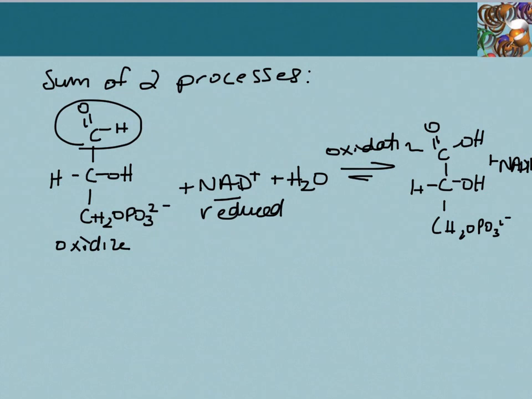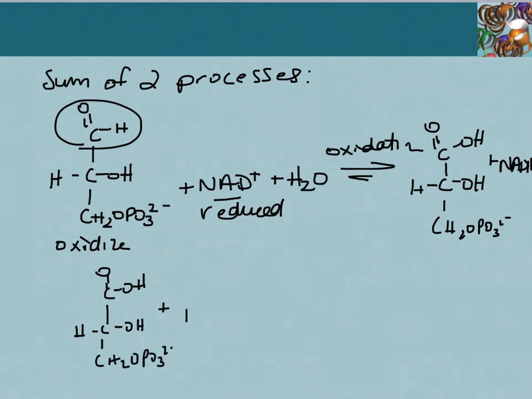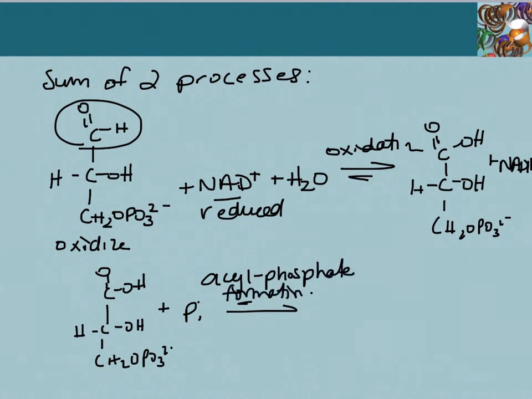The next reaction, when we have the inorganic phosphate, is going to be acyl phosphate formation. We're going to phosphorylate here.